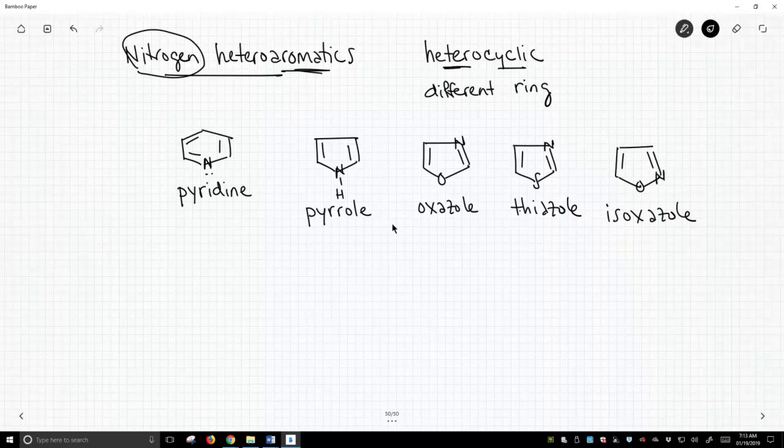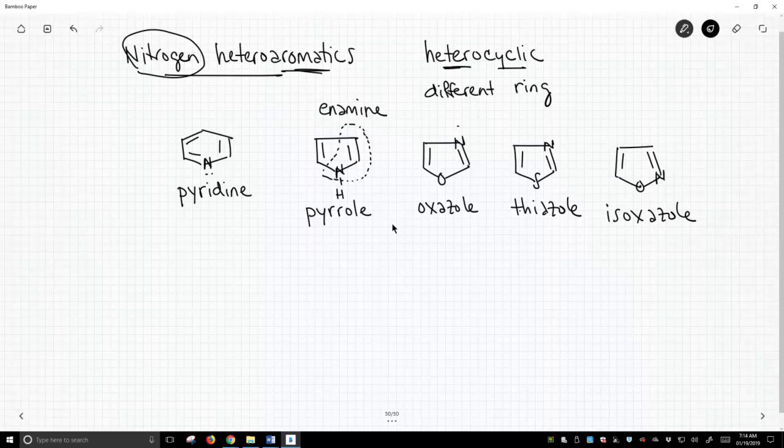Now, as it turns out, these compounds, less so pyridine, but the other ones, these 5-membered rings, are pretty easy to make. And as you look at these structures, you see functional groups that we've encountered before. So on the pyrrole, I am circling a group. That group, the nitrogen with a single bond to a carbon-carbon double bond, that's an enamine.